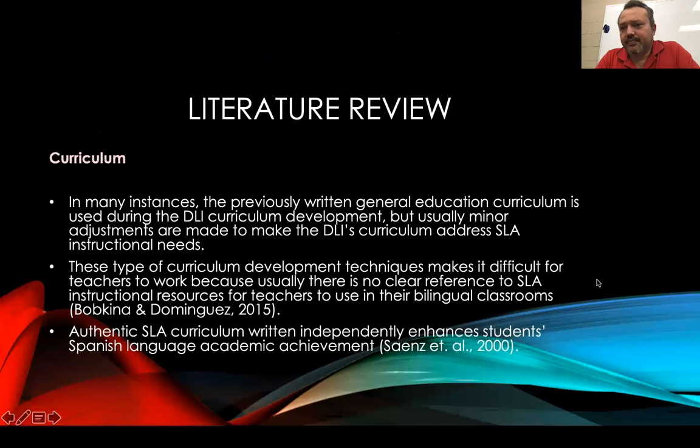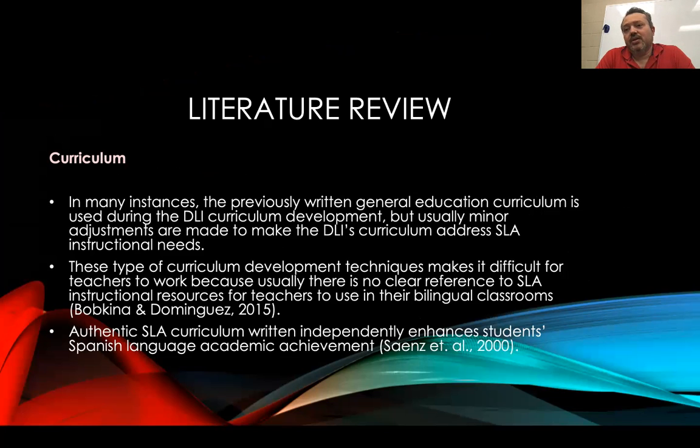In the literature review from the curriculum side, in many instances, the previously written general education curriculum is used during dual language immersion curriculum development.